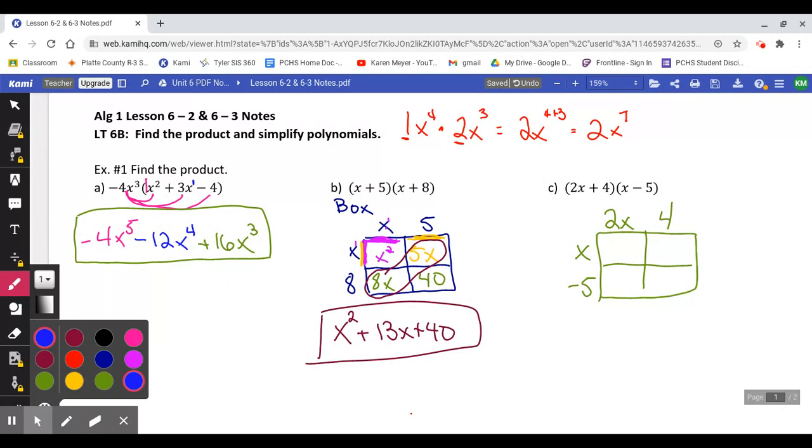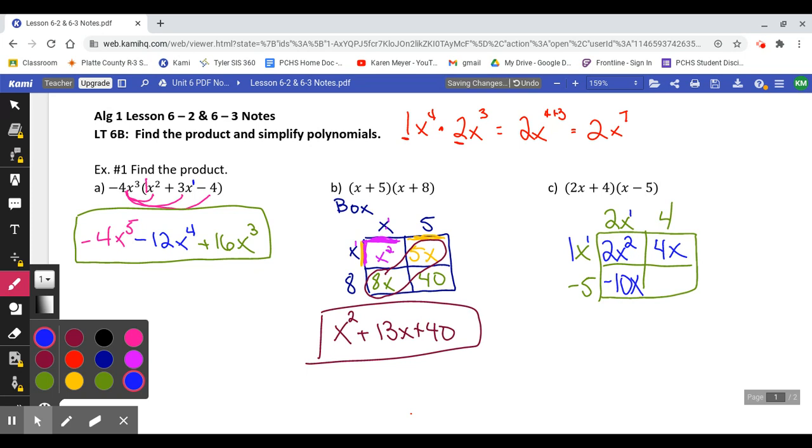Okay. X times 2x. Well, 1 times 2 is 2. And then add your exponents for x, which would make it 2x squared. And then x times 4 is 4x. Negative 5 times 2x is negative 10x.